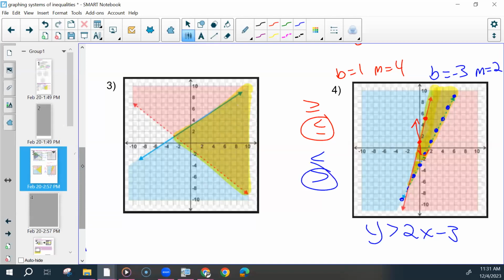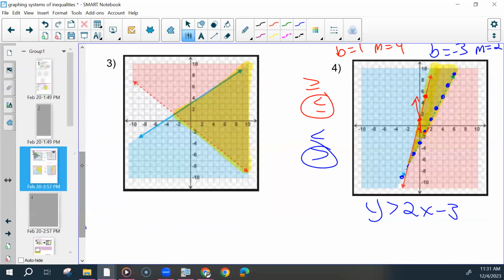Y is greater than 2x minus 3. Someone give me a solution that would fall in there. That works. Anyone else want to give a solution that might work? 6 would also work. It's just inside the line, but that works.